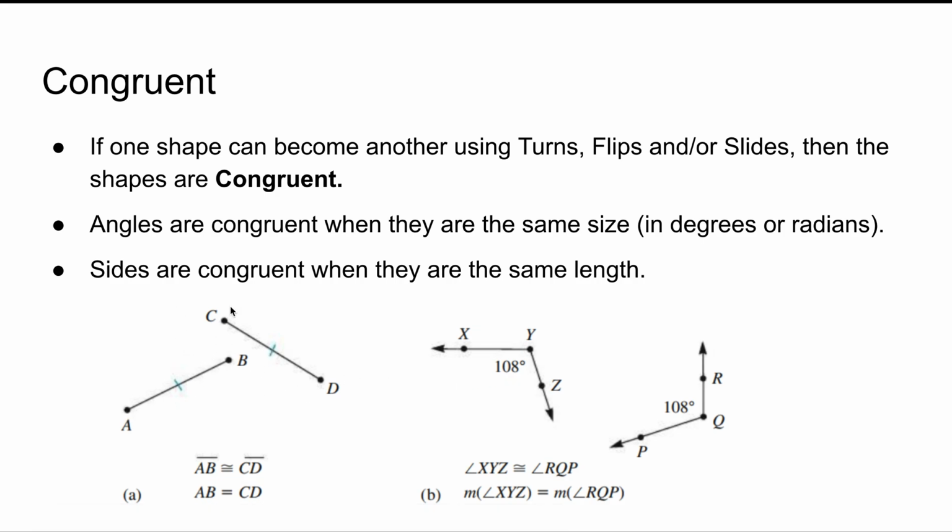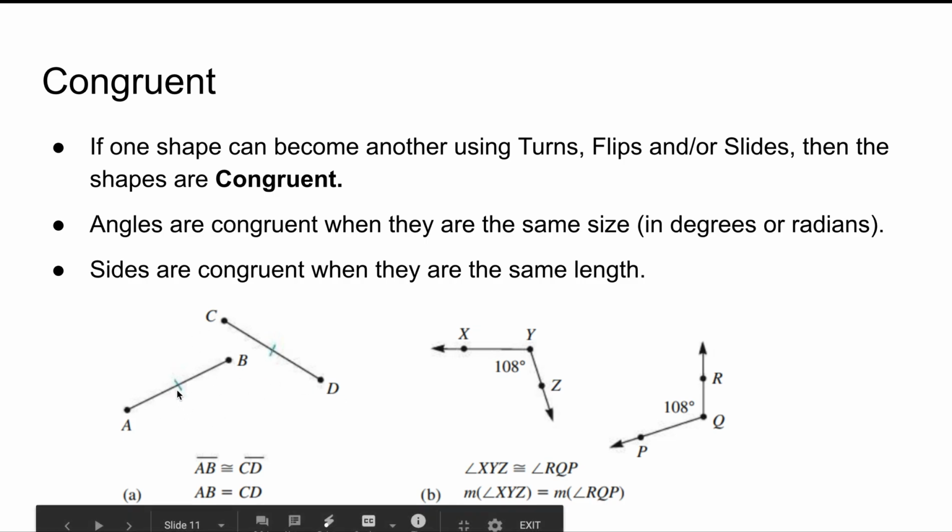Edges can be congruent when the lengths are congruent. We usually use a bar like that, saying this and that have the same length. And the notation for that is this, congruent. So segment AB and segment CD are congruent.